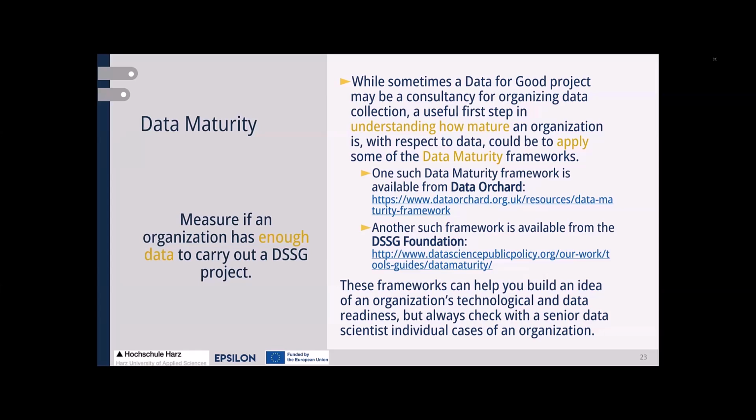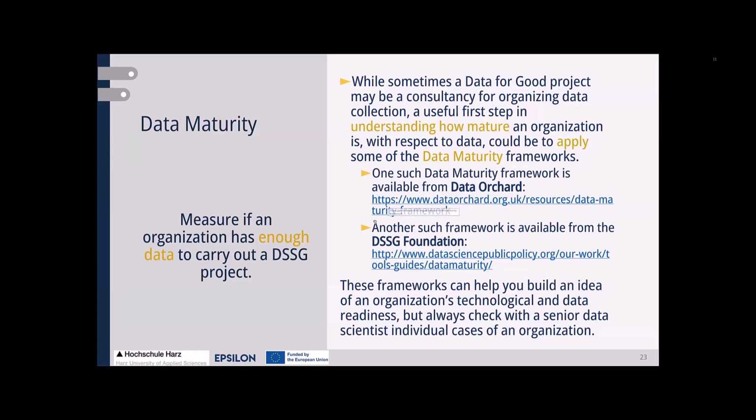In order to characterize the existing data situation, there are two existing frameworks that help you to evaluate the data maturity. The first framework that we refer to is the Data Orchard. This is a publicly available data maturity framework. As well, we do have a data framework available from the DataScience4Good Foundation.